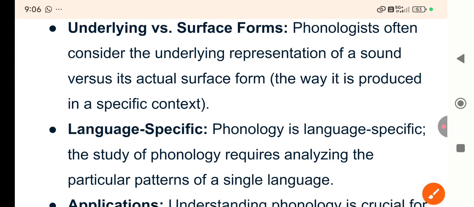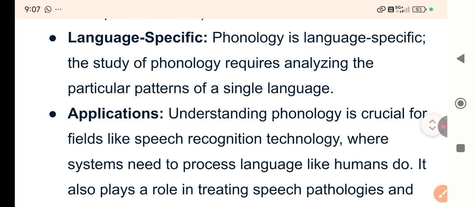So that is the underlying representation of a sound and the actual surface form, the way it is produced in a specific context. In a specific sentence, how the same phoneme sound is changed. That is the surface form or underlying form, right? When we do a detailed study, then you will be able to understand.